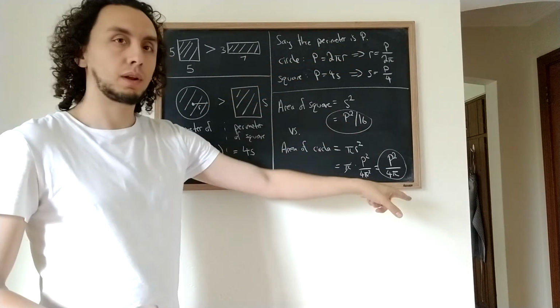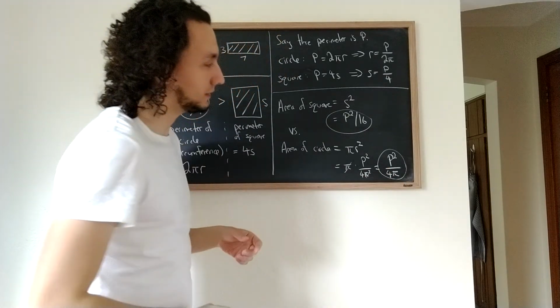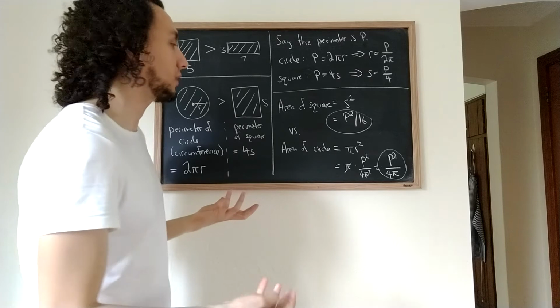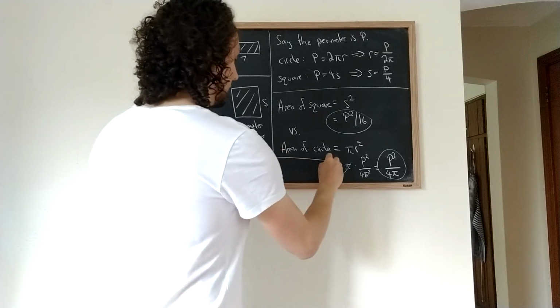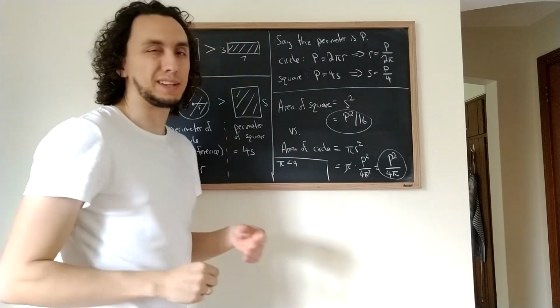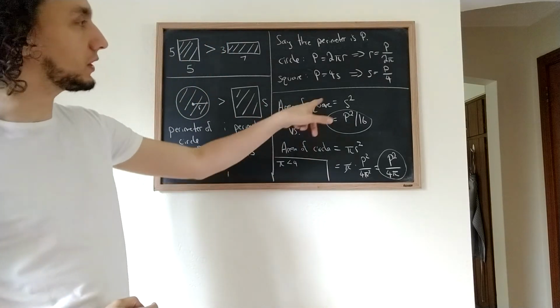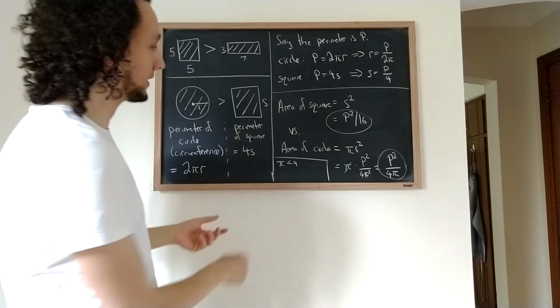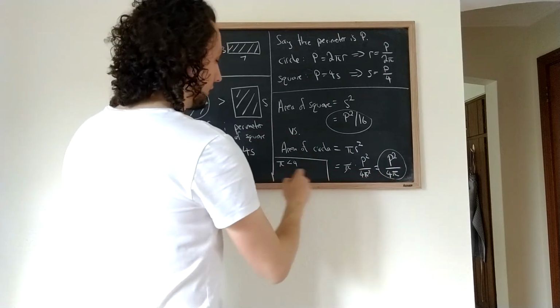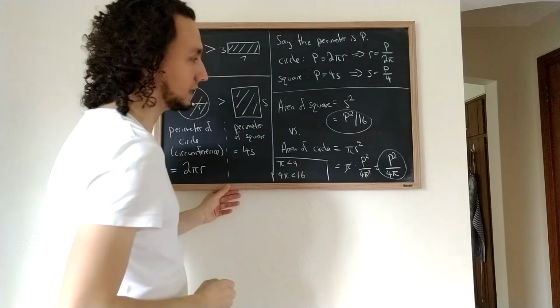Which one's bigger? Well, we don't need to know exactly what pi is. All we really need to know is that pi is less than 4. It's 3.1415 and so on, but it's less than 4. And that's really all I need to complete this proof, because if pi is less than 4, then 4 pi is less than 16.